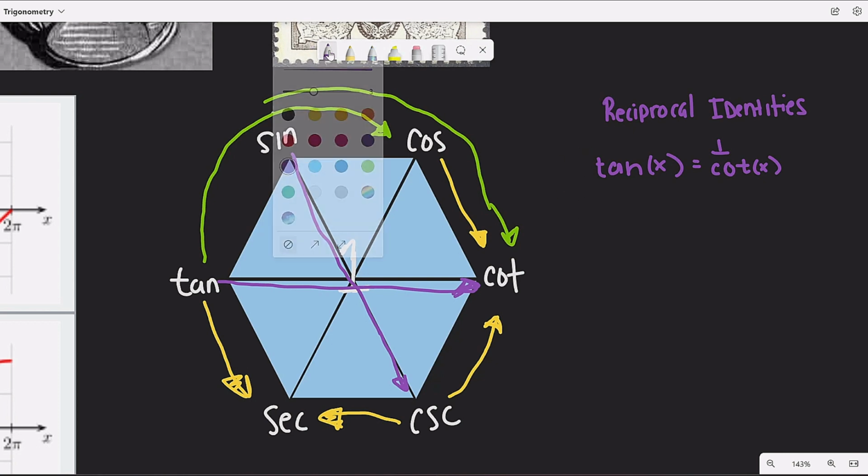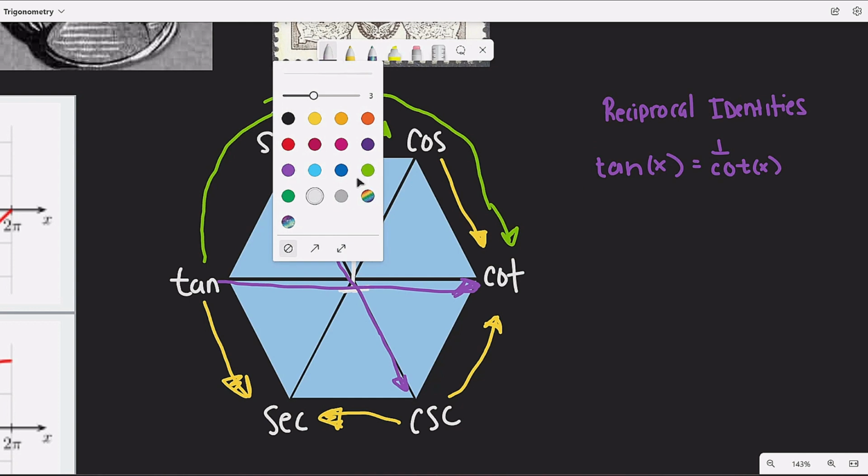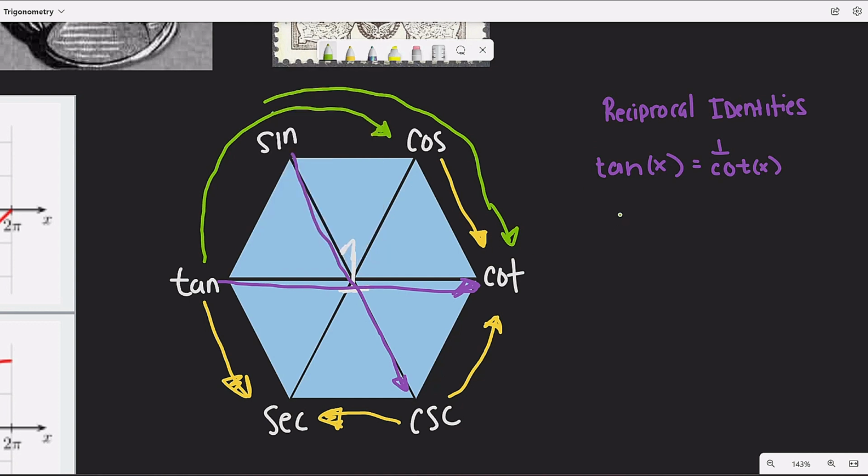Another set of identities are the cofunction identities. And these, we will draw a side arrow.